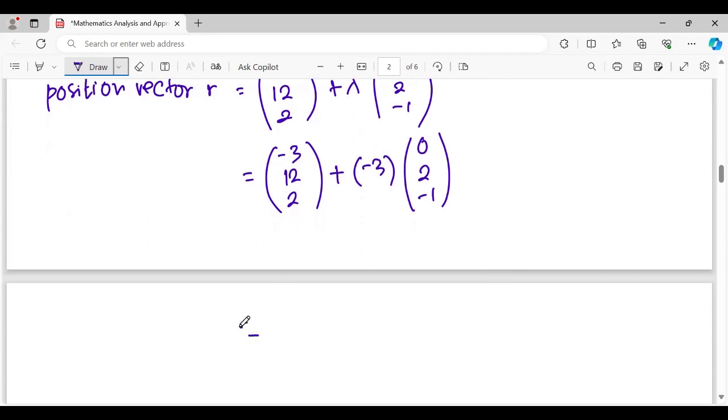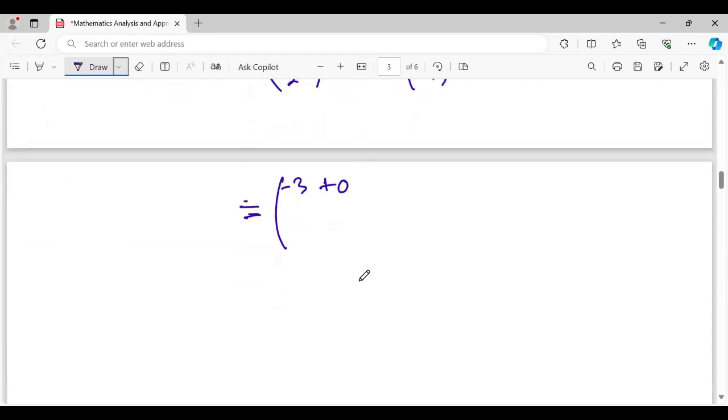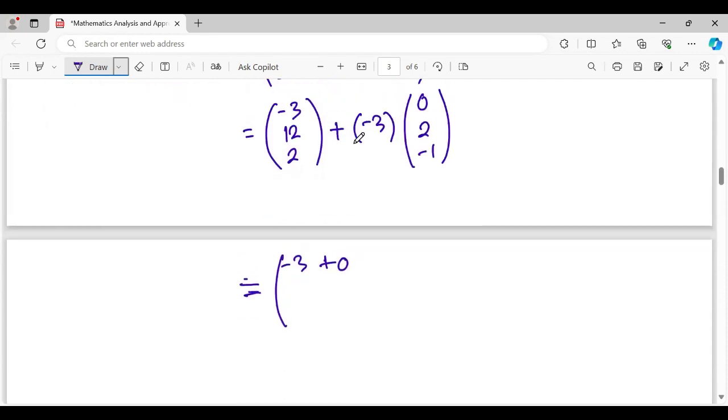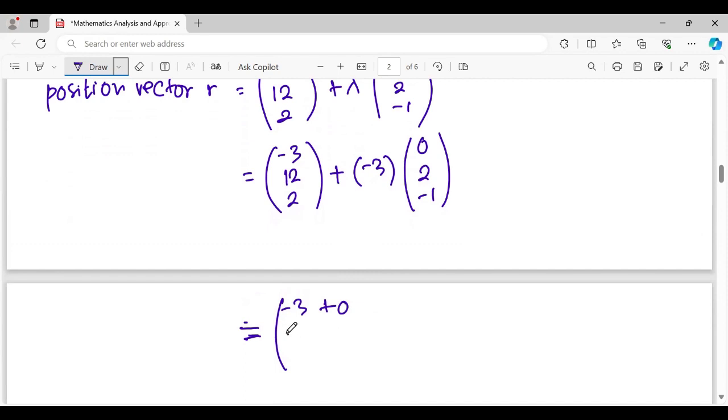So it is -3 + 0, because -3 times 0. And 12 - 6, 2 + 3. This is the position vector: (-3, 6, 5). Next.